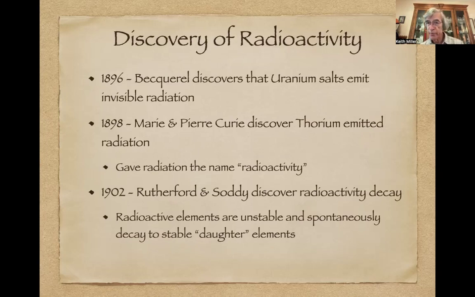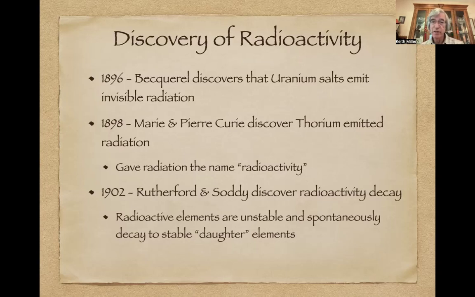In comes the discovery of radioactivity. So in 1896, Becquerel discovers that uranium salts emit some kind of invisible radiation. Shortly after that, the very famous husband and wife team of Marie and Pierre Curie discovered that thorium emitted radiation, and they gave that radiation the name radioactivity. So they coined the term.